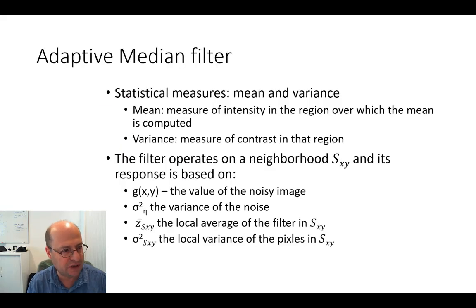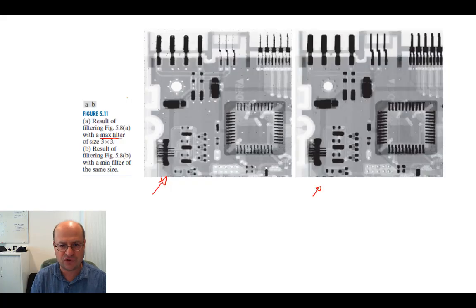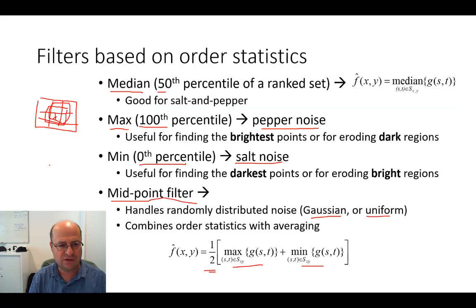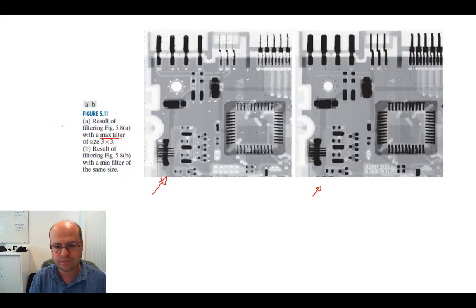And most importantly, the adaptive median filter. That's the first of the adaptive methods that we're going to see. There are at least 2 or 3 more. So far we've been talking about static statistics, which is a bit cacophonic, but it is the statistics around a single pixel.